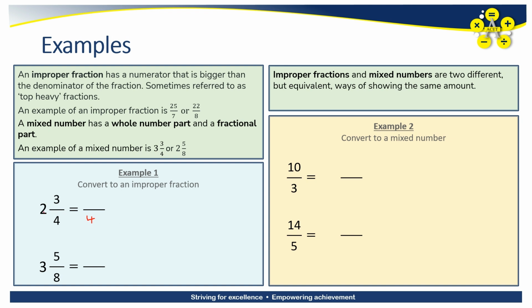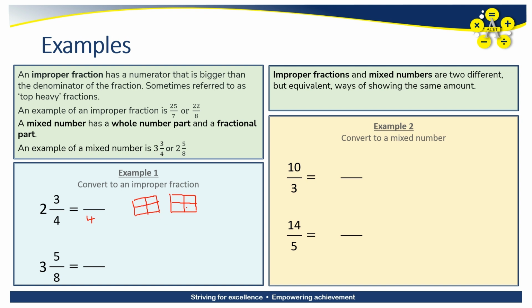Now the 2 whole ones are telling me I have 2 whole things split into quarters, and I'm going to just draw a diagram to support myself, and I know they're not equal, but just go with it. So I've got a whole one there and I've got another whole one here. I've split them into quarters because that's what my denominator is saying. Each whole one has been split into 4 parts.